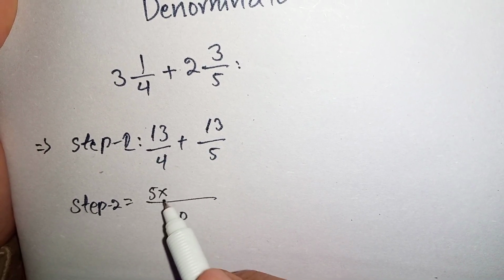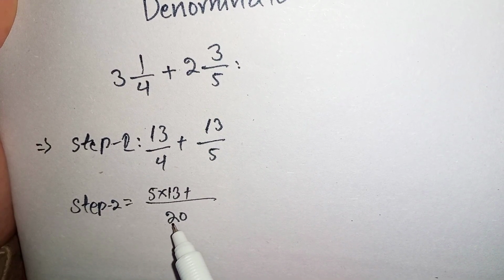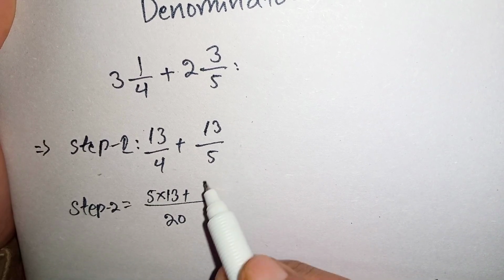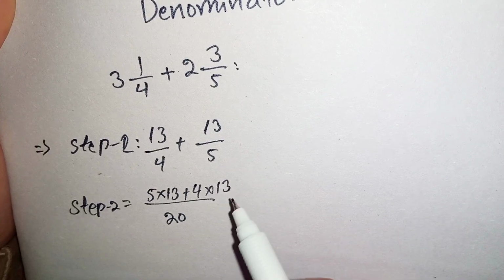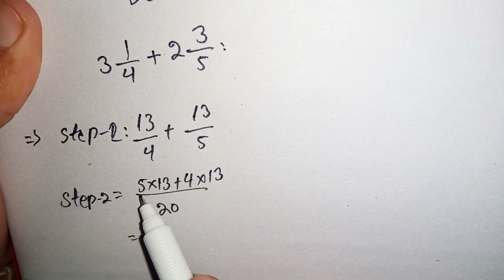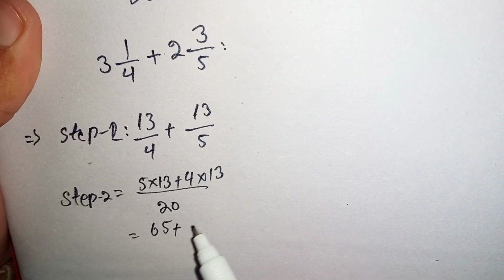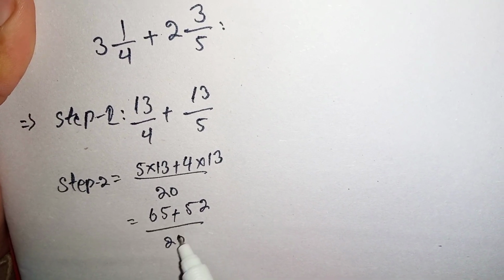So 5 multiplied by 13 plus, again we will divide 20 by 5, which is equal to 4, and multiply 4 by 13. So 5 times 13 is 65 plus 4 times 13 is 52, divided by 20.